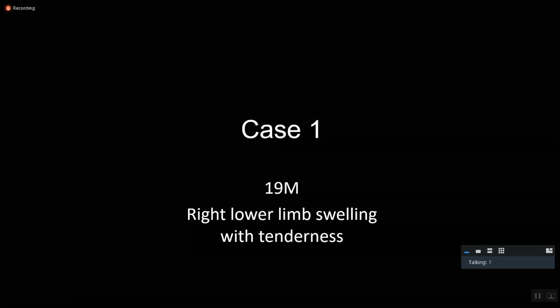Yes, I can. So I am going to give you the mouse control again. This case is a 19-year-old with right lower limb swelling and tenderness. So there was a calf swelling there.